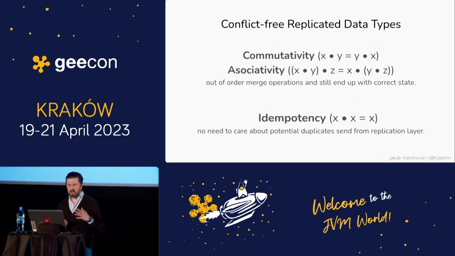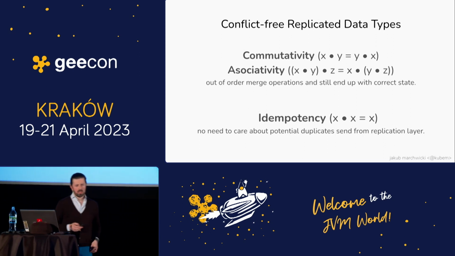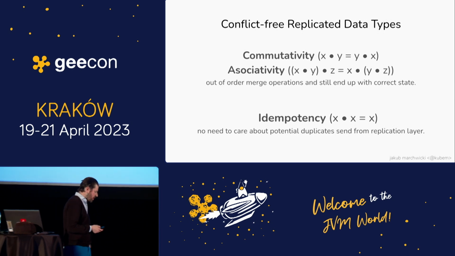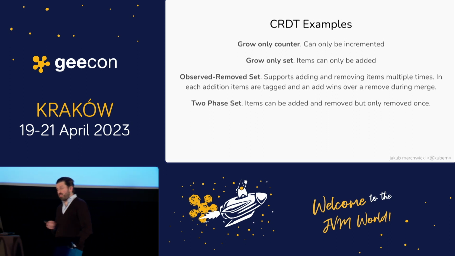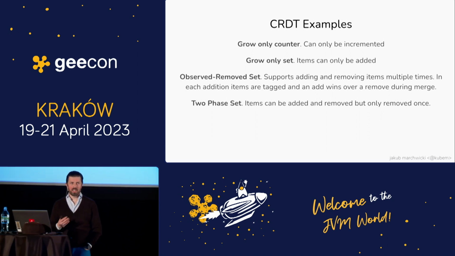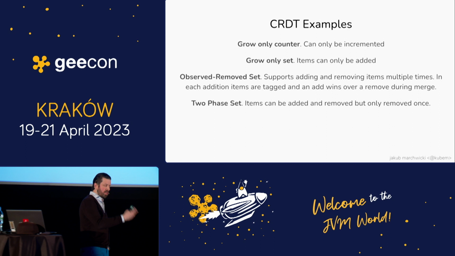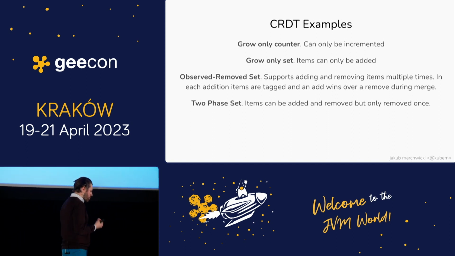So if you try Googling CRDTs, there are a couple of types that are out of the box. Funny enough, most of them are kind of append only or growing only, like growing only counters. If you would like to add and remove data, that's getting more tricky.